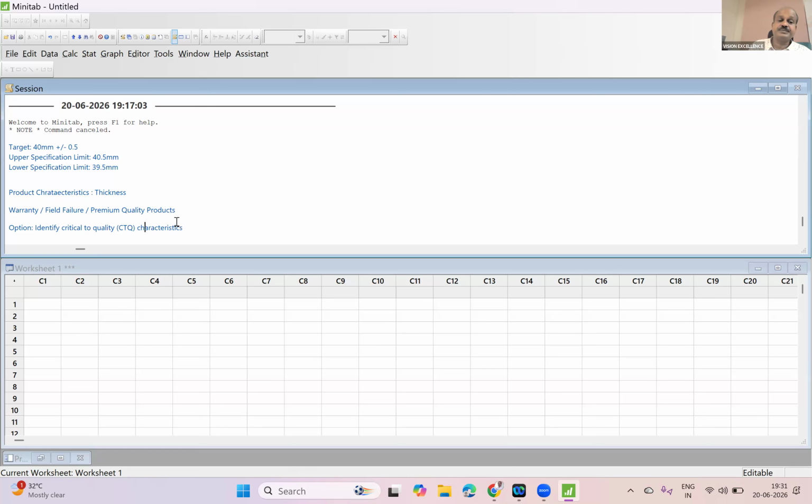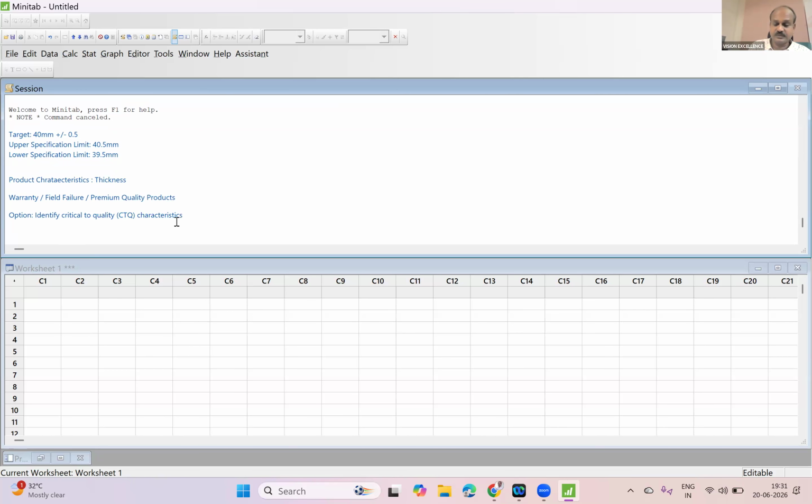We call it what? CTQ, right? Then maintain higher capability. Higher capability in the sense of CPK. In case you are not able to think in terms of the CPK, another method is accelerated life testing.